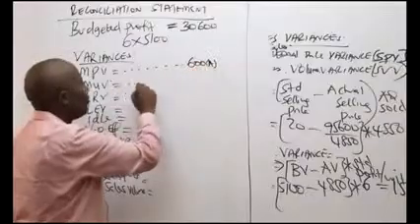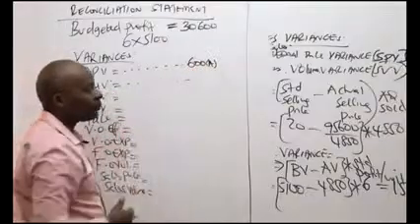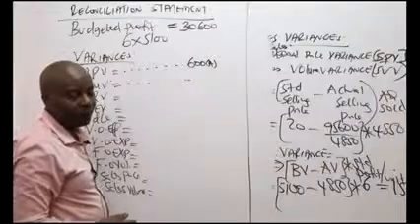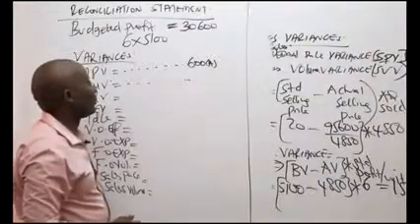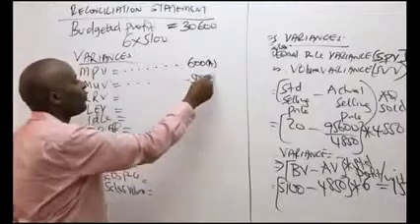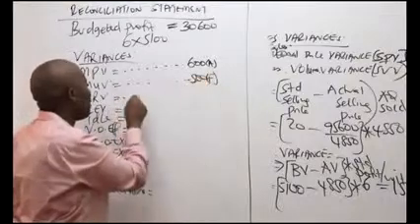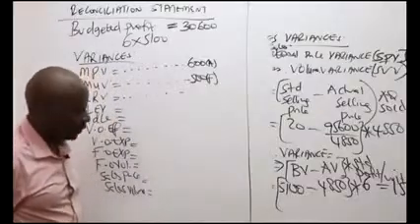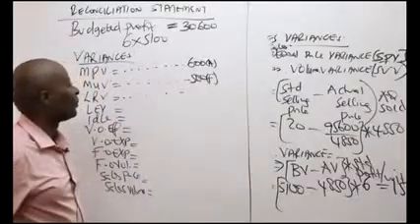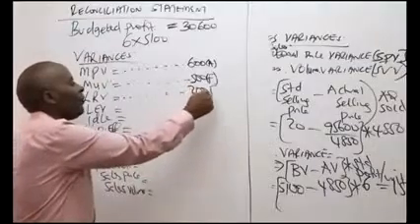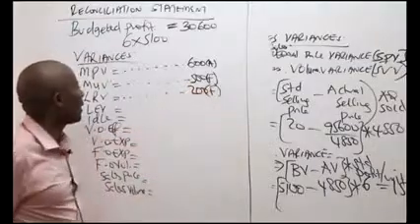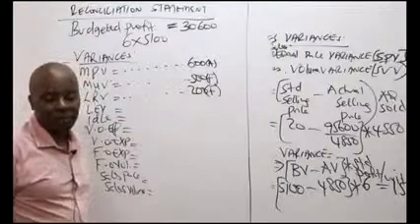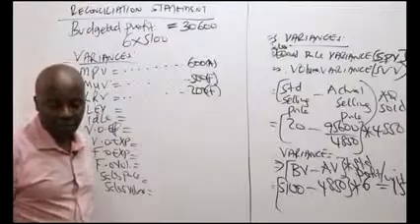How about MUV? 500F. Thank you very much. How about labor rate variance, LRV? 200F. How about LEV, labor efficiency variance? What do we have there?